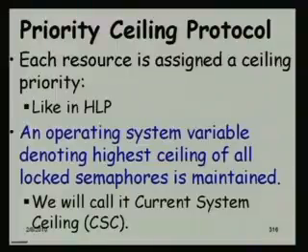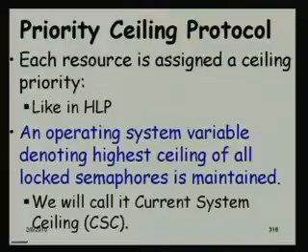Ceiling of semaphore, what does that mean? Locked semaphore: see the terms that are used here. Sometimes we will call it a mutex, locked mutex, locked semaphore, locked resource. These are terminologies we will keep using equivalently. A semaphore will have a value, like 1, 2, minus 1, minus 2, and the priority is a different thing again.